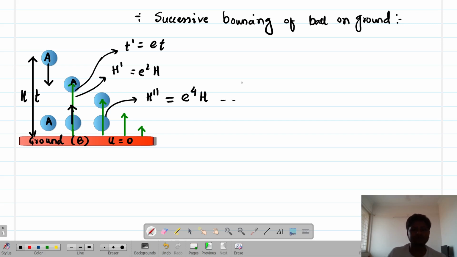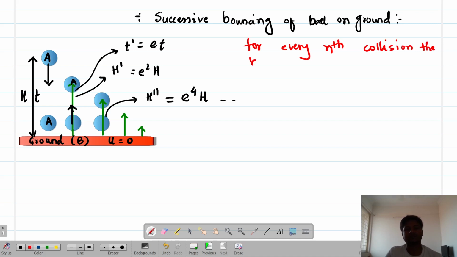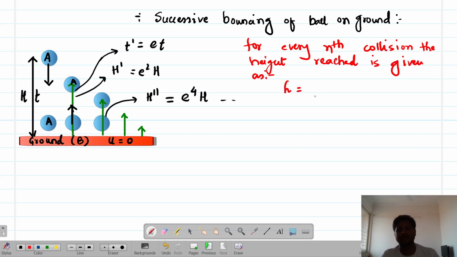And so on. So basically, for every nth collision, the height reached is given as, the height formula for every nth, it is e to the power of twice n into the original height of the fall.